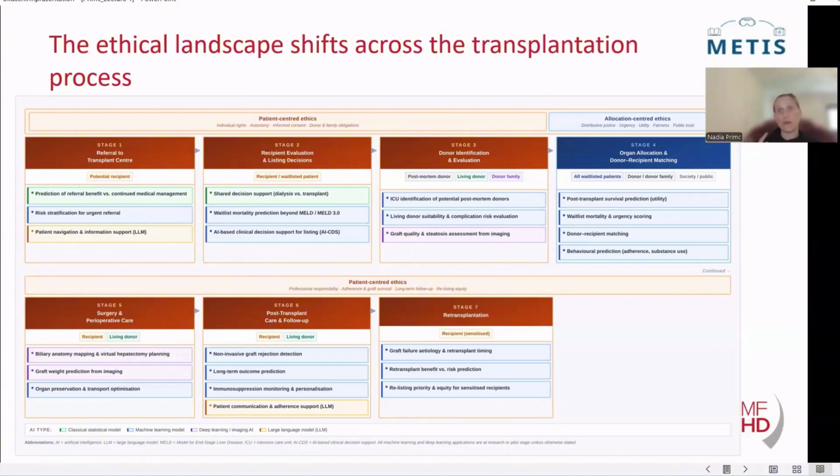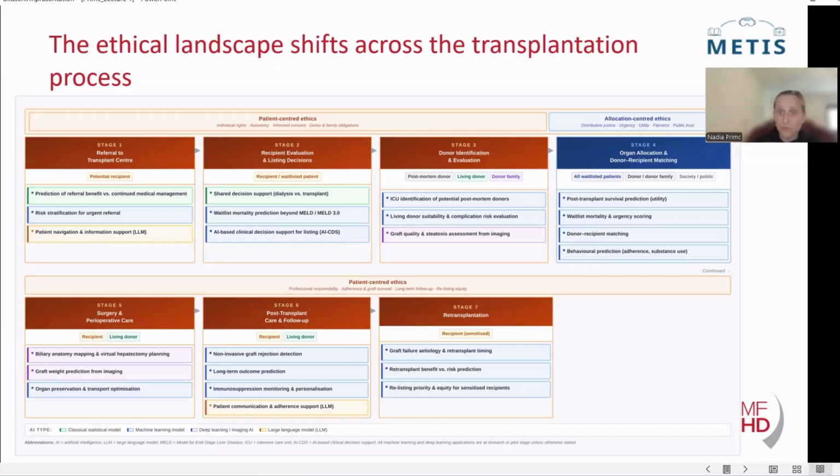Stage 2 is where the potential recipients are evaluated and listing decisions are made. Stage 3 is where potential post-mortem organ donors need to be identified in the ICU.